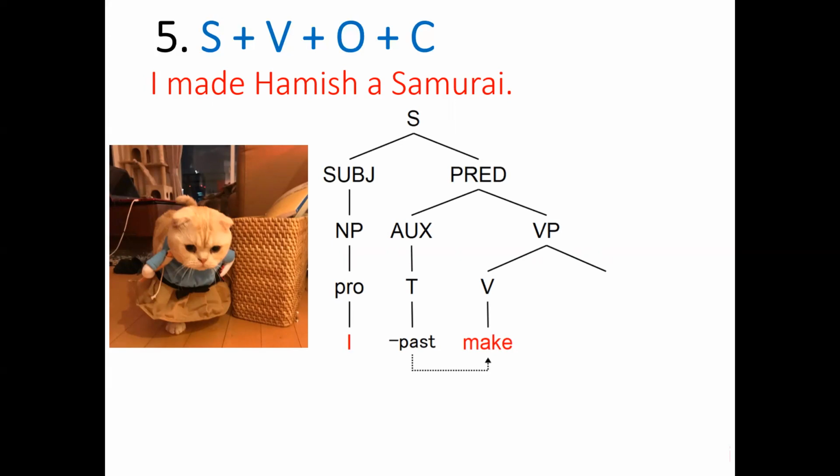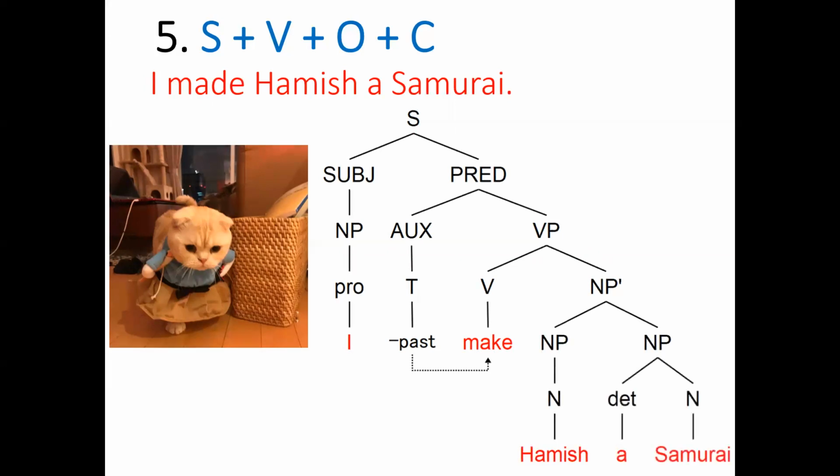So again, we have the same marked noun phrase because it is followed by another NP, but in this case, it's not one, but 2 noun phrases. Hamish and samurai. Together, these form a single small phrase, Hamish is a samurai. And so we have an example of the SVOC pattern.